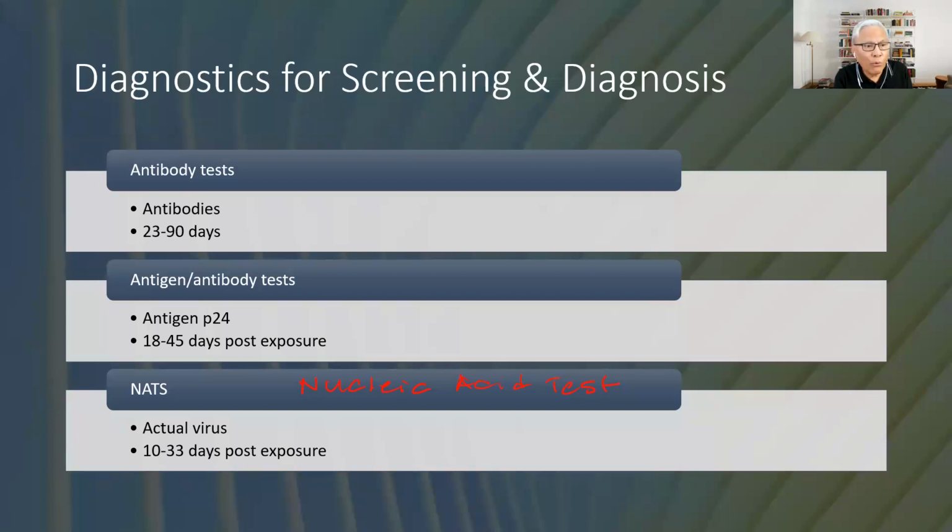So I'm going to order, let's say, NATs. But let's say your contact was 4 months ago. Well, that means to say that you would be positive with the antibody test. So I would order the antibody test. Does that make sense, Chantal? Yes. Mm-hmm. So it depends on what the exposure period is and what purpose you're doing it for.